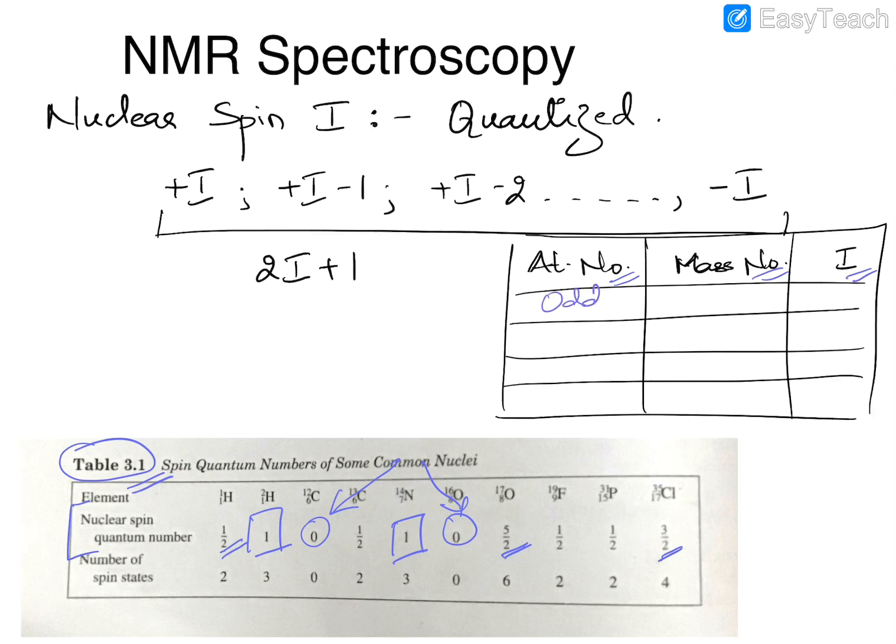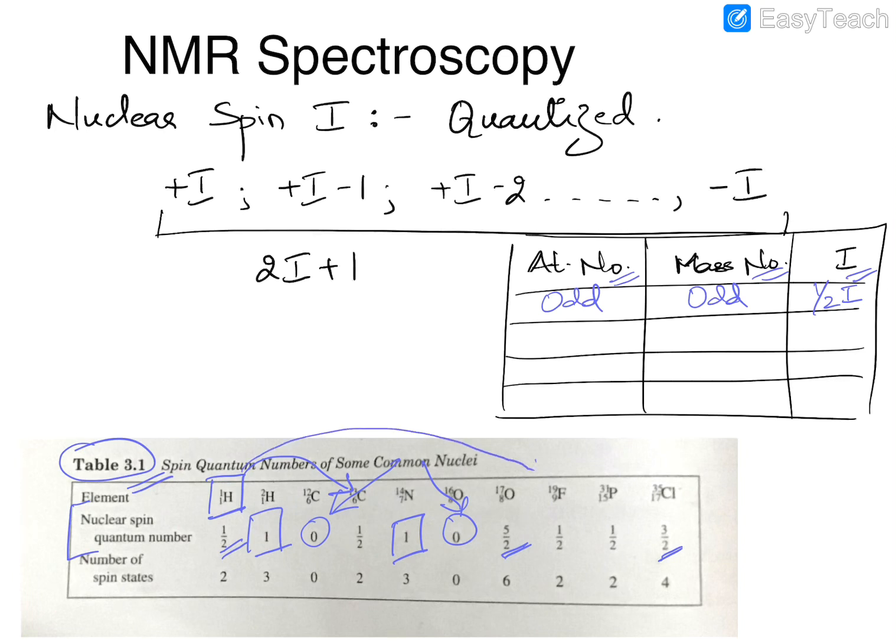Say, for example, we have an odd atomic number for the nucleus and an odd mass number, then the spin quantum number for that particular nucleus is half integral. A most characteristic example is that of hydrogen. It has an odd atomic number as well as an odd mass number, and the nuclear spin quantum number turns out to be 1/2.